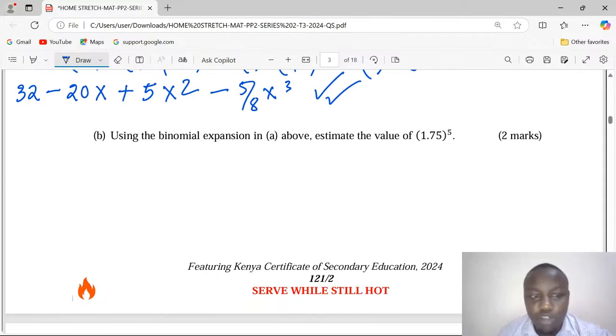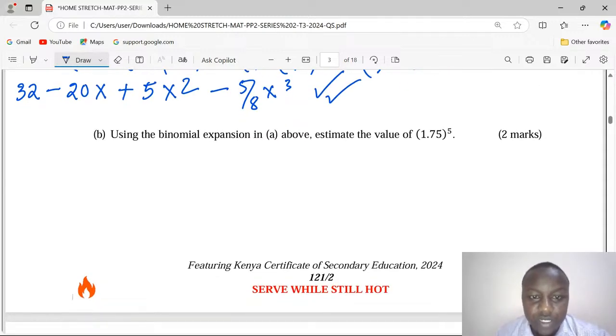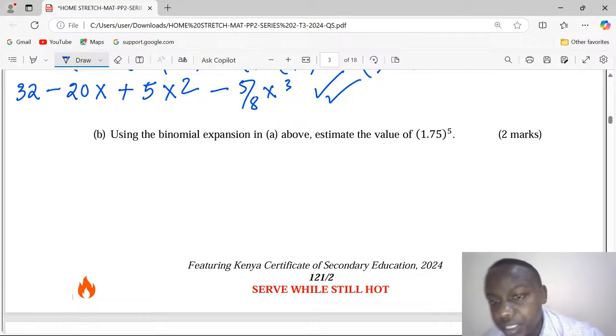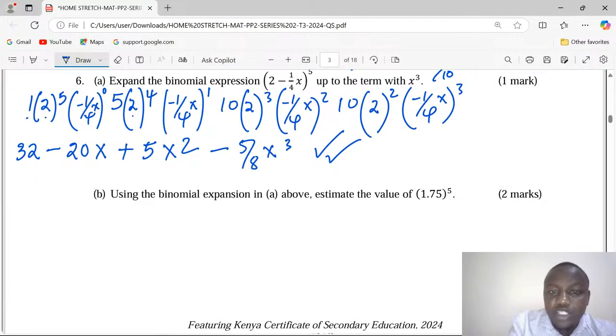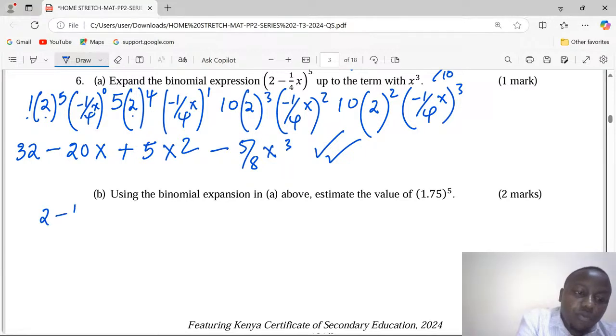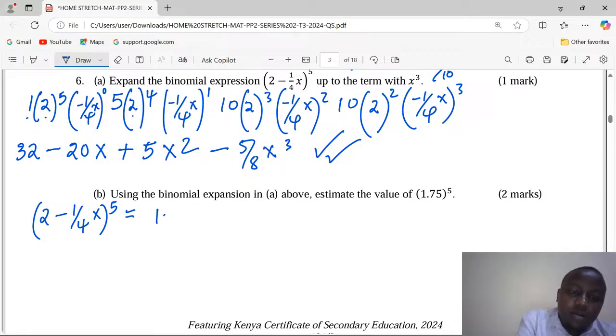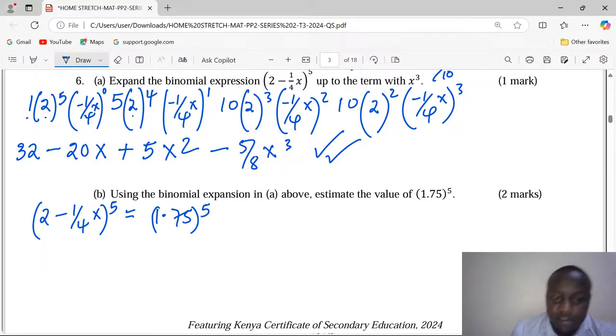And in the second part of the same, we are using the expansion to estimate the value of 1.75 raised to power 5. So ours is to equate the expansion. Whatever we were expanding is 2 minus a quarter x raised to 5 equals 1.75 raised to 5.